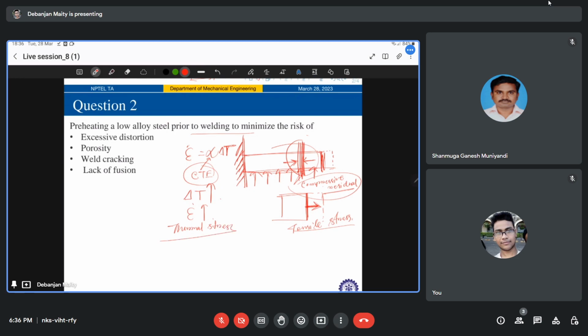Let's say we are in the elastic range. I'm not talking about inelastic deformation or plastic strain. We are in the elastic range, so whatever strains you are getting can be recovered. What will be the thermal stress here? If the thermal strain is alpha delta T, in the elastic range, which property will relate your stress to strain?